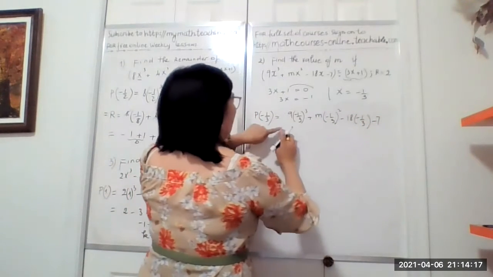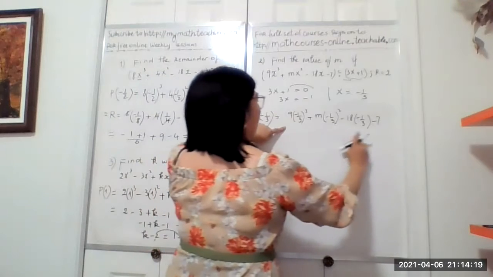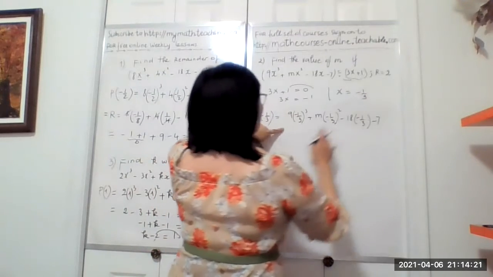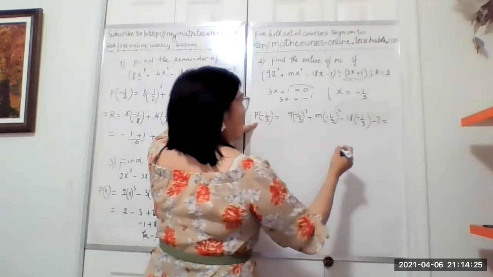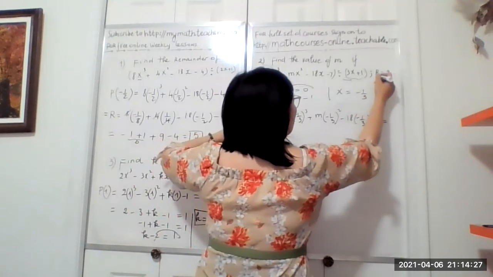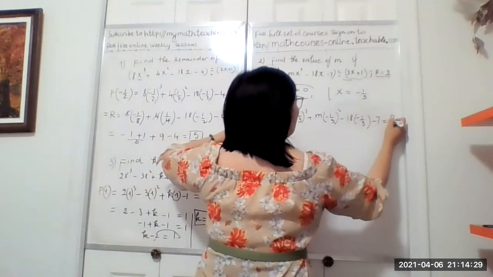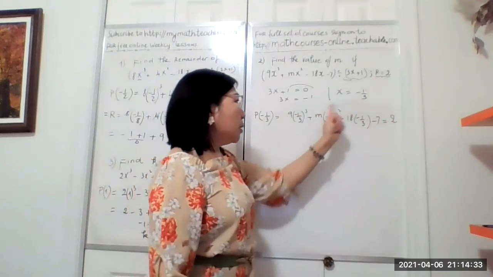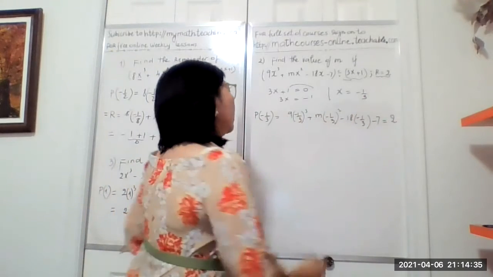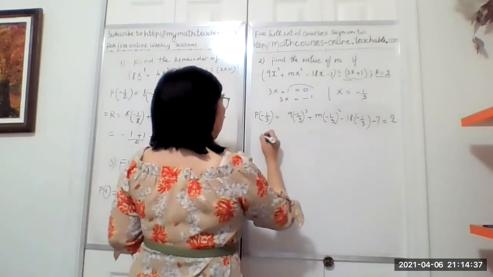Okay, now obviously this one equals the remainder because that's how the remainder theorem stated. So the remainder given here is 2, so we just set it equal to 2 because the whole thing equals the remainder. Okay, so let's calculate it out.